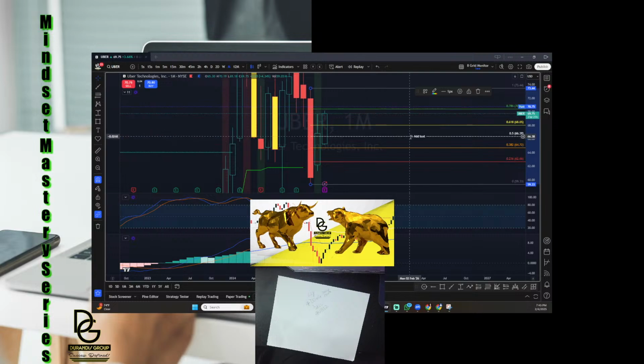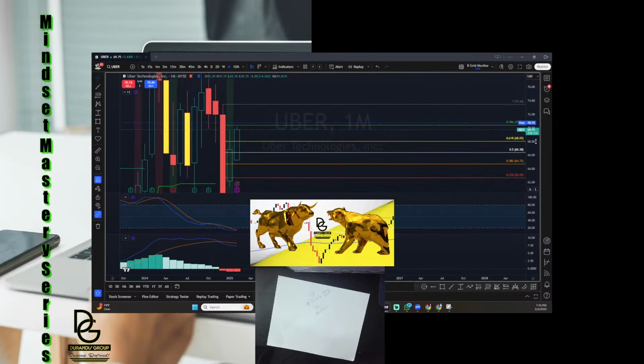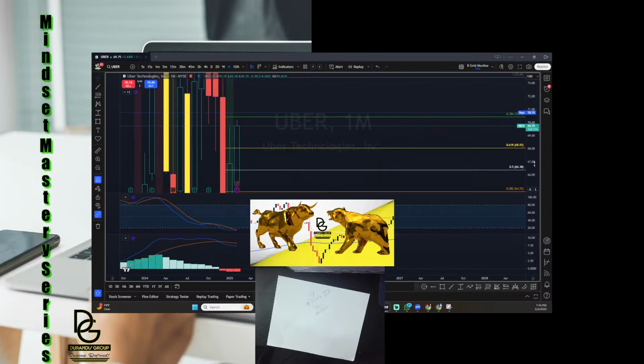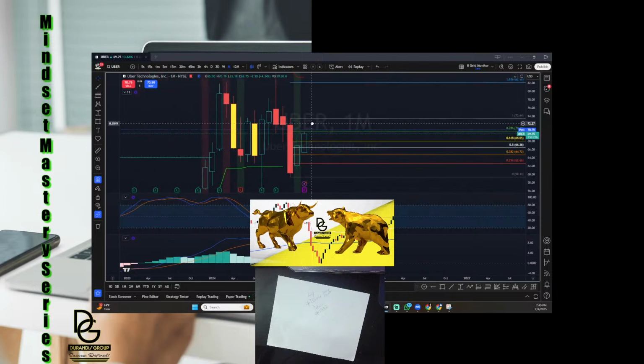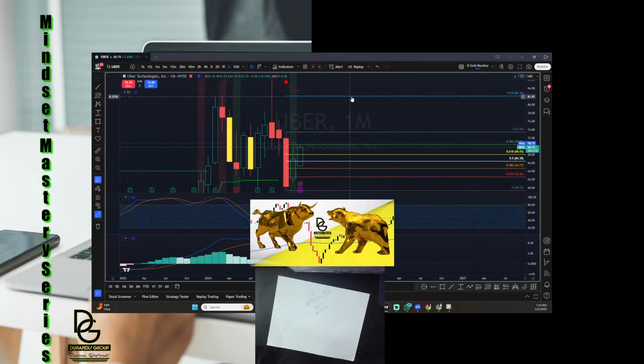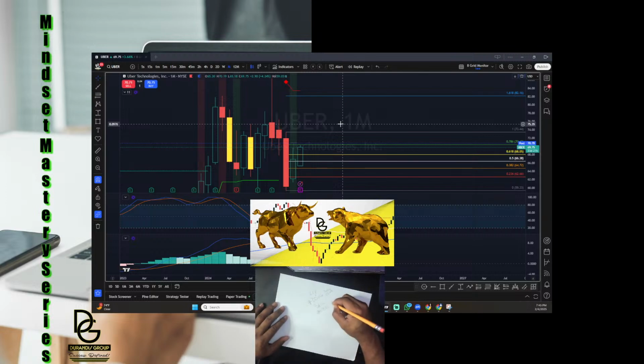This is level here, so we're looking at 70.42, and we got a nice little move to the upside here, and they're holding that. So 70.42, and then we're at 70.75 right now, getting a 786 retracement and probably get a full reversal. I would not be surprised if Uber gets to $82. So that should be a good solid. Let's see, Uber to 82.